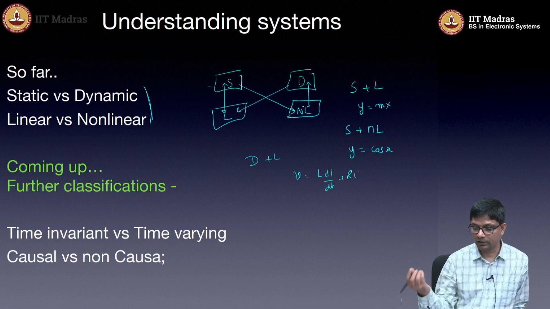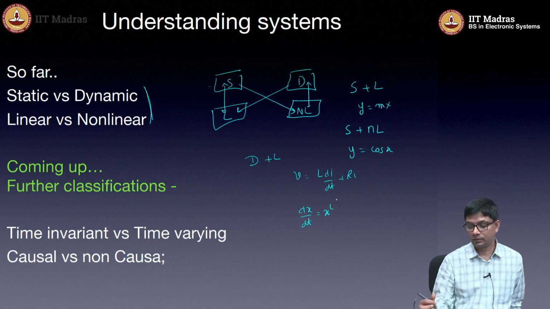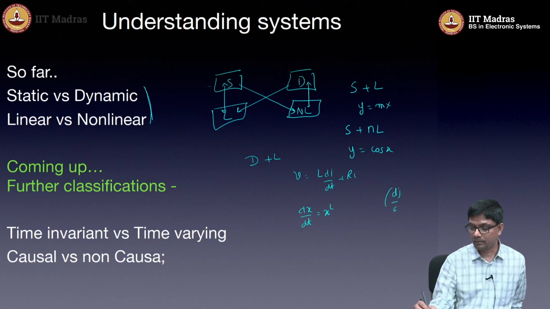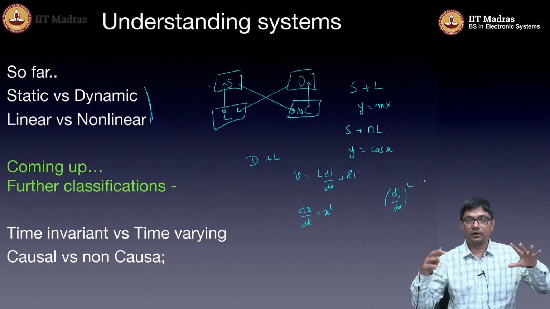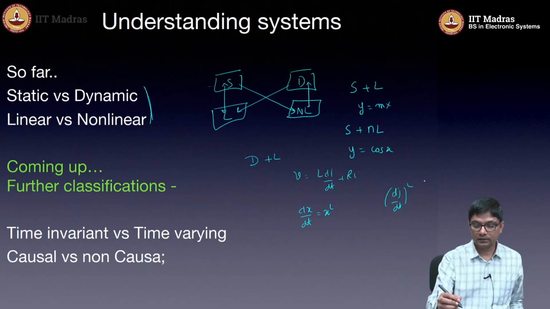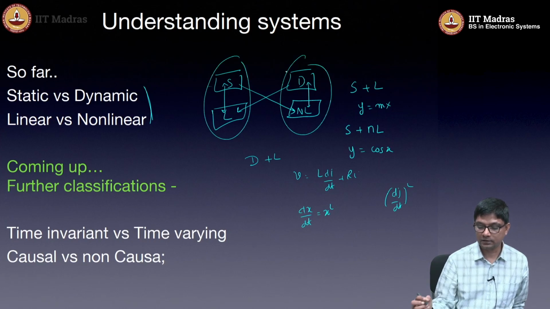Dynamic and nonlinear: I could just write dx by dt equal to x square, or the other example that we saw where we had dj by dt whole square. So these combinations are also possible.